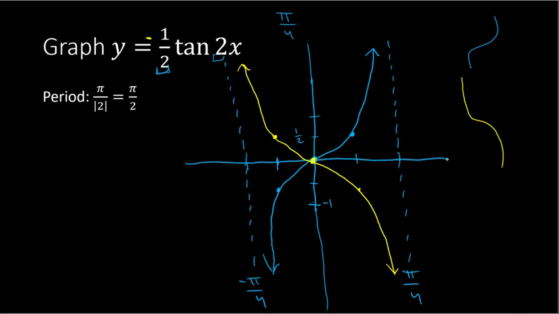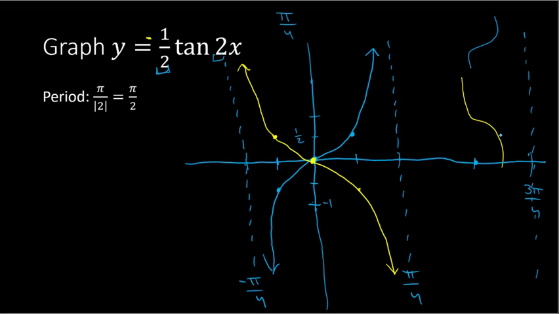And then keep in mind, by the way, that there would be more of these. So after pi over 4, if you went over another length of pi over 2, which would take you to 3 pi over 4, we would also have another asymptote here, and we would have right here a 0.